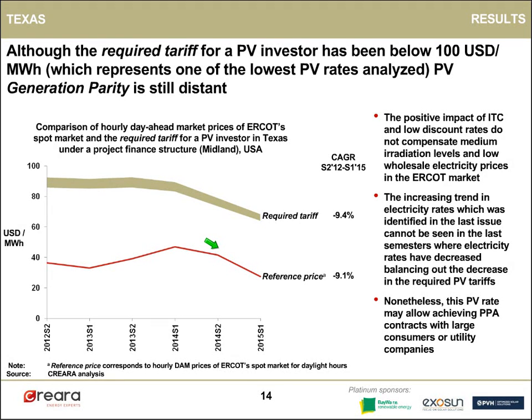In Texas, still there are PV installations being built, and this is mainly because the PPA option might actually allow PV investors to obtain profitability with this type of investment.